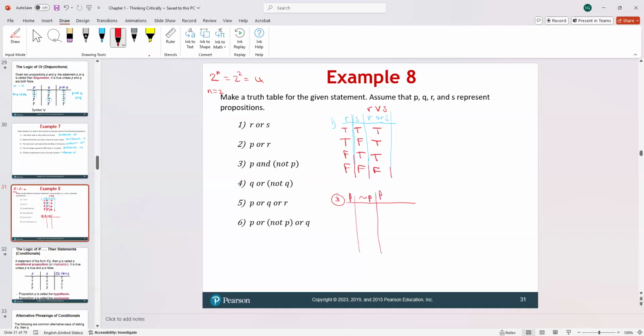So we have P and not P. Remember, we put that symbol for and not P. Okay, this is what happened.